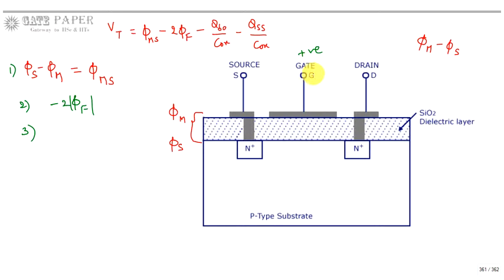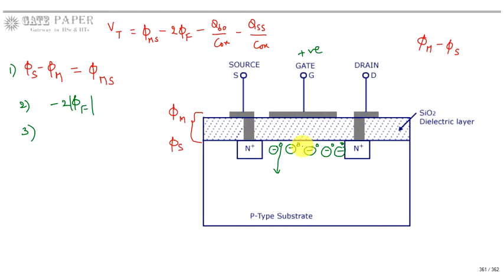Whenever you apply positive gate voltage, it has an effect on this channel region. The channel region consists of p-type substrate. The general notation of p-type material is a negative ion with a hole. And this positive voltage can repel these holes.